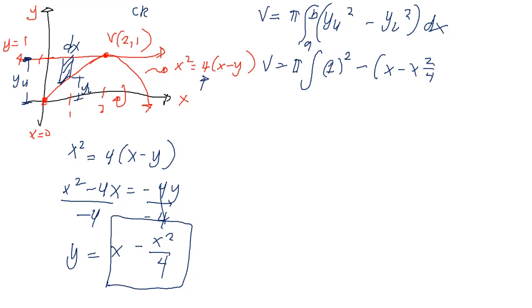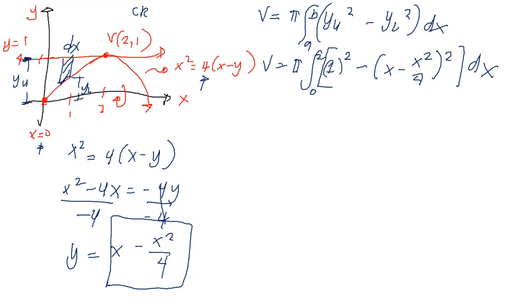Okay, I'll just rewrite it. So I have x squared all over 4 quantity dx from our lower limit, which is 0, to the upper limit, which is 2. So it is in terms of x.